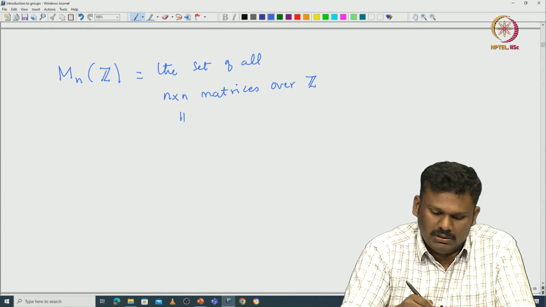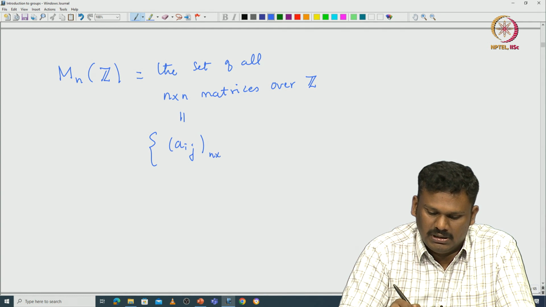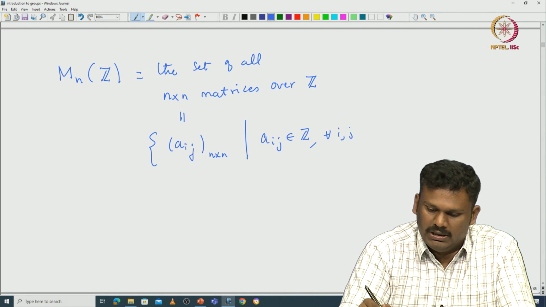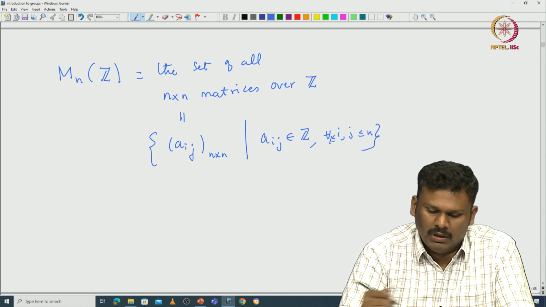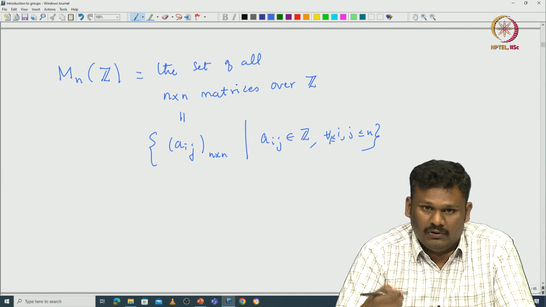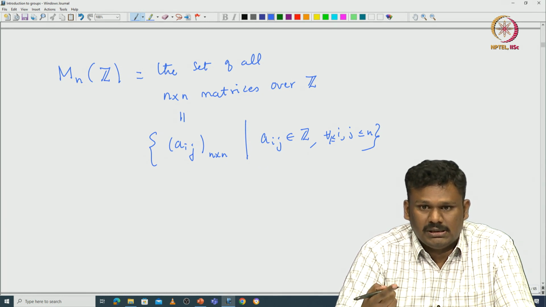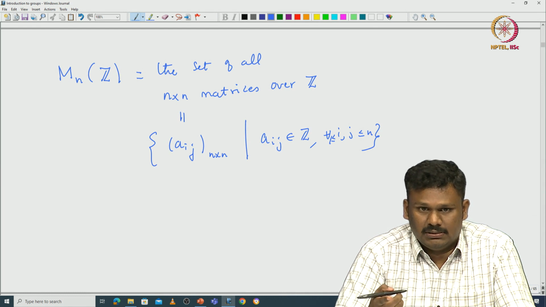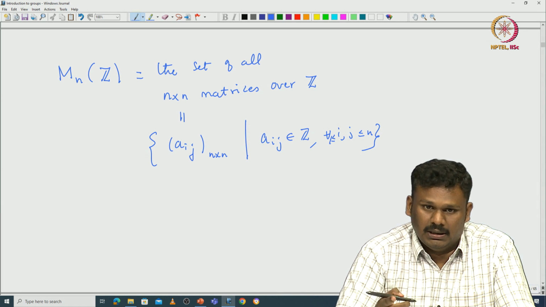So this is all possible matrices (a_ij), n by n, such that a_ij are integers for all i, j, with 1 less than or equal to i, j less than or equal to n. Then what will be the addition that you can define on this set of all matrices? You just define the addition to be the coordinate-wise addition. In each position you just add the numbers that are there in that position.